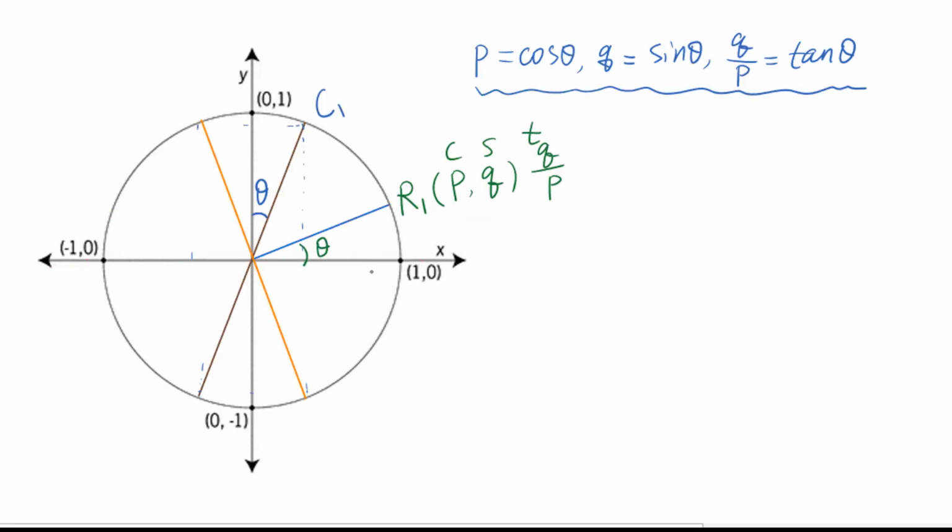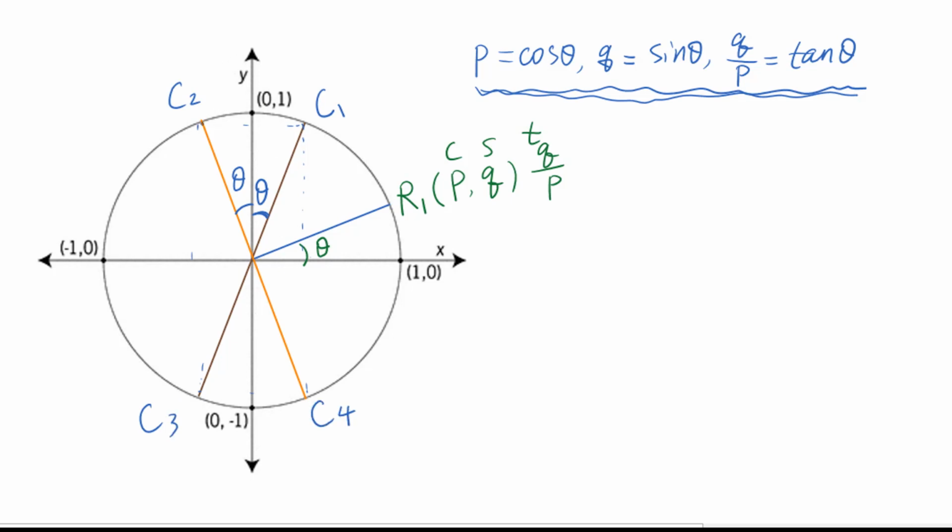Let's learn more about the symmetrical property of a unit circle. We know this is theta, and the point on the unit circle is R1. So we have P, Q, Q over P as CAST, and this is the fact. Let's assume this is theta and this is theta. So we have C1, C2, C3, and C4.